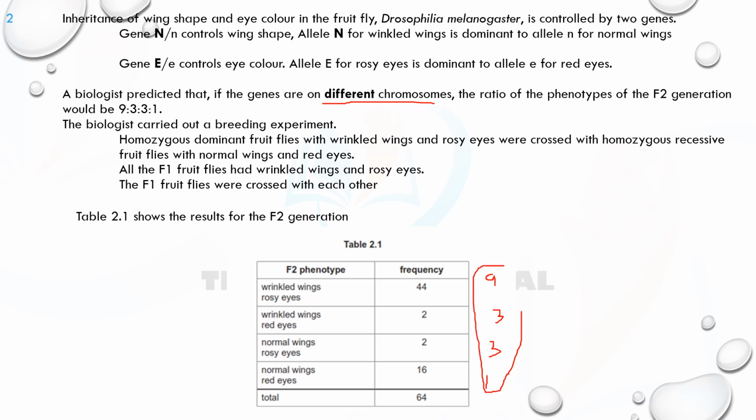Are they really? We're going to find out. If you divide everything here by the smallest, which is 2, 44 divided by 2 gives you 22. That's quite 9. This will give you 1, 1, and this will give you 8, and it doesn't follow this. So let's find out what happened. And of course the total is 64.